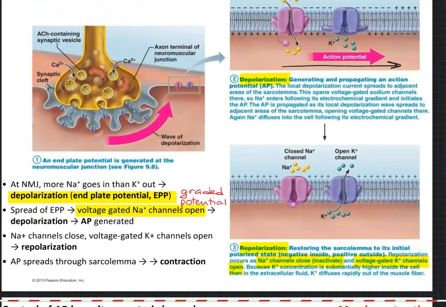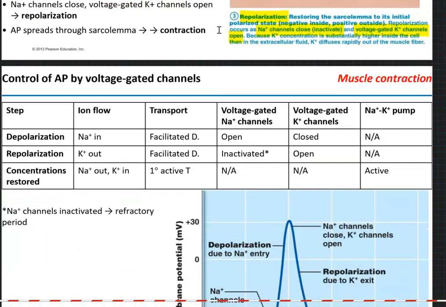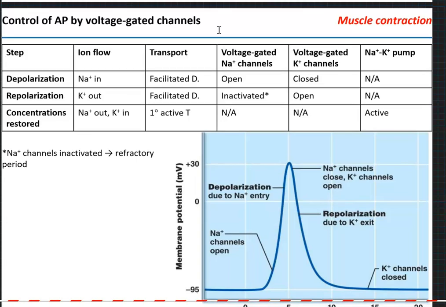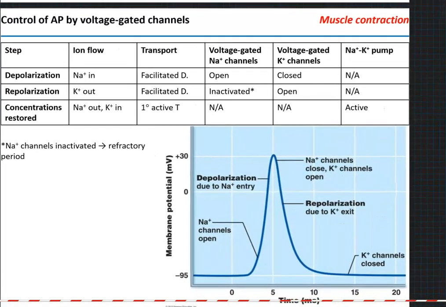So we now arrived at the point when we explored how the stimulation at neuromuscular junction leads to the formation of action potential on the sarcolemma, which sweeps through it, and, well, eventually gets into the T-tubules.